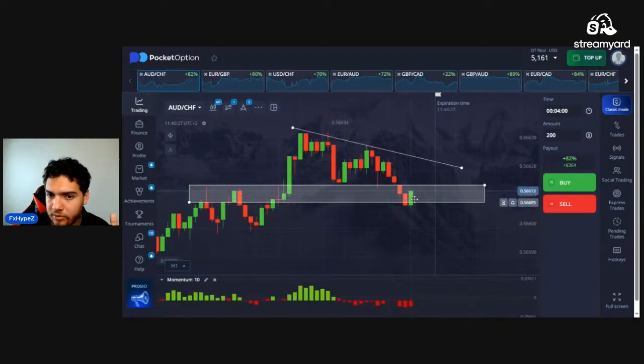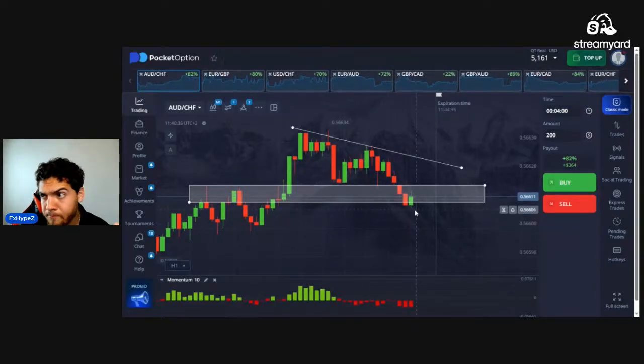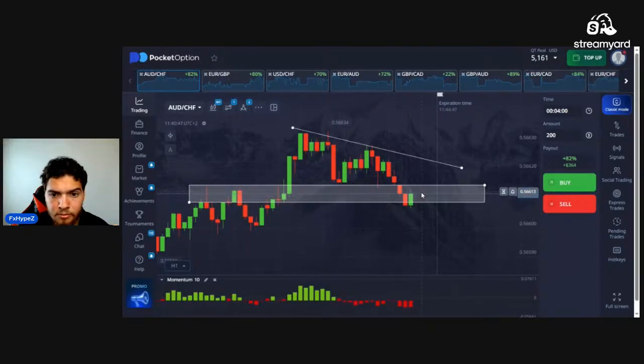See, we're instantly rejecting back up. Now, we could continue structure to the downside, very likely, but again, this was a 2 point break below the support zone I marked out, but it does look like price is rejecting off this support zone, it's bouncing.